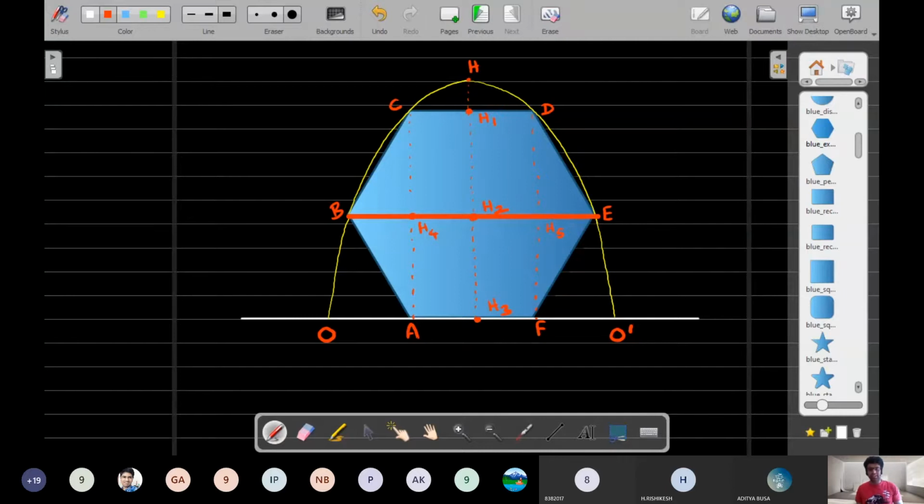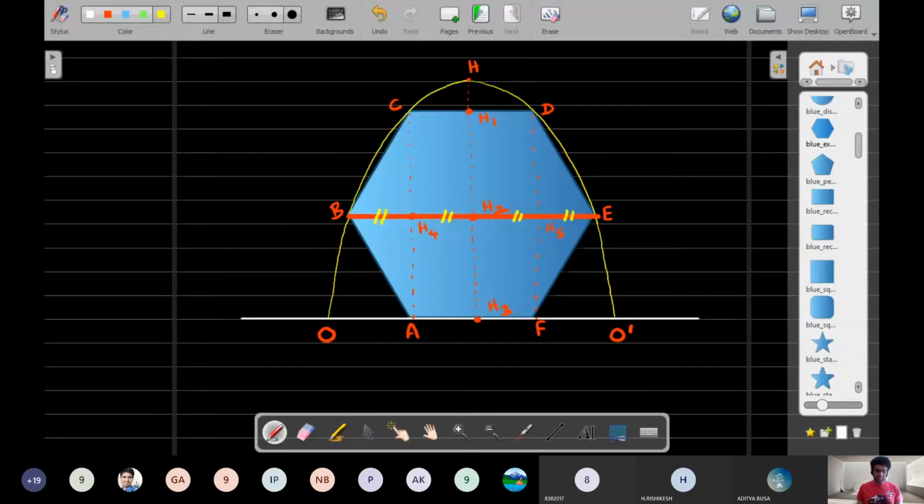You could see the B line is cut off into four parts. Let me mark the parts there. This part should be equal to this part, should be equal to this part, should be equal to this part. You can clearly see that scenario.